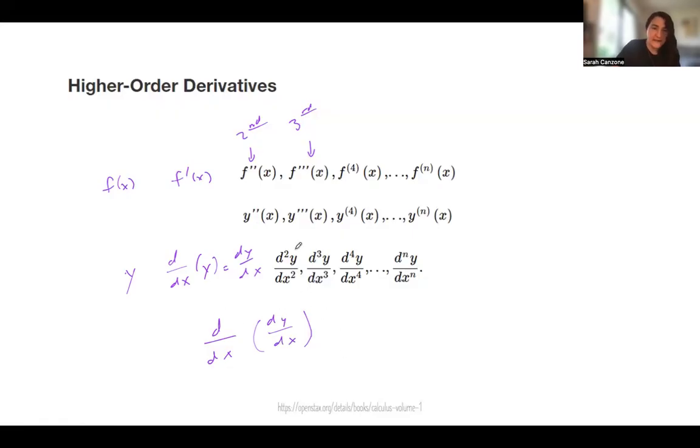Well, what we actually get is d squared y over dx squared. I know the notation looks a little bit funky, but this is saying we're taking the second derivative of y with respect to x. You don't need to plug in anything else crazy for this. This is just notation. All right, so if you see any of this, that's just what it means.